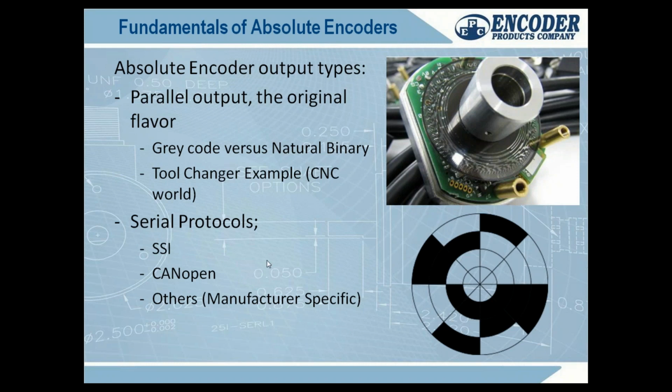I mean, it's the Wild West with protocols right now. And they're going to add lots of fancy things and charge a lot of money for fancy boards. At the end of the day, all that's happening in there is the same technology. It's a code disk that's creating binary signals, 1 binary output per track, and then the top board is just digitizing it, serializing it for the method you need.